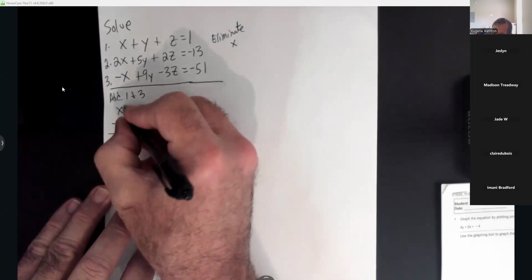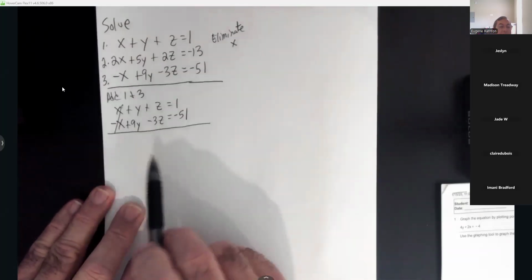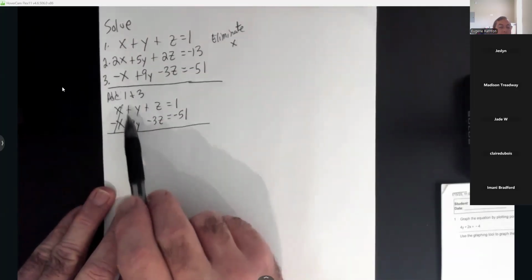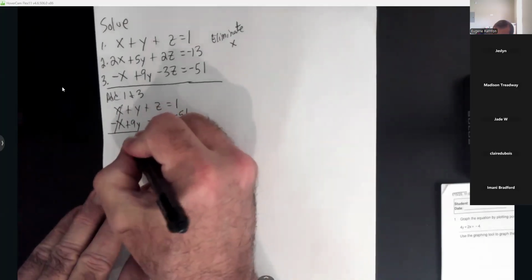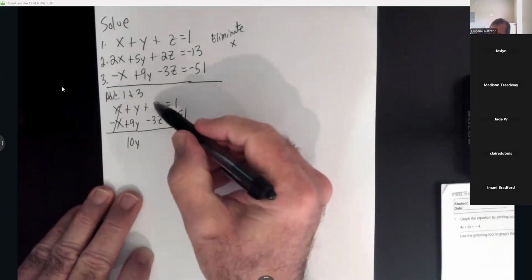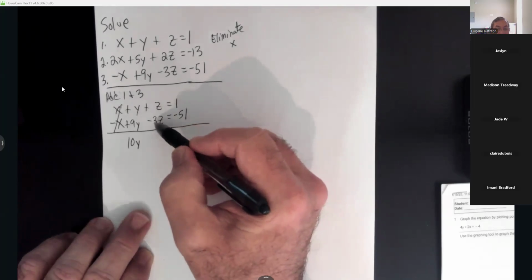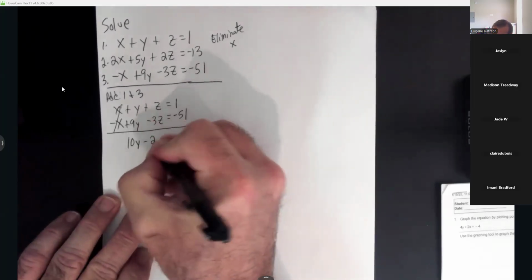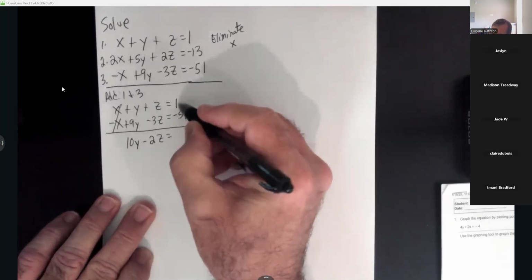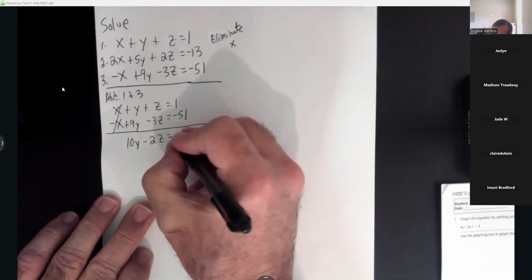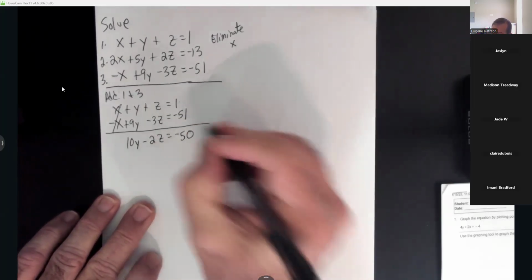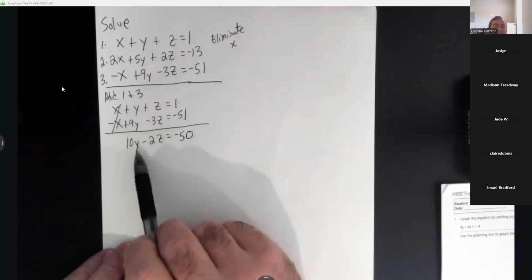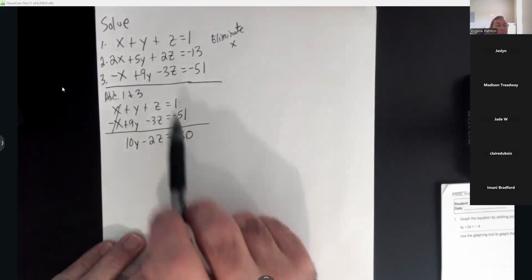So those, see the x's canceled out. So 1y and 9y gave me 10y. 1z minus 3z gave me negative 2z. And a 1 and negative 51 give me a negative 50. So now I got y and z left for this one.